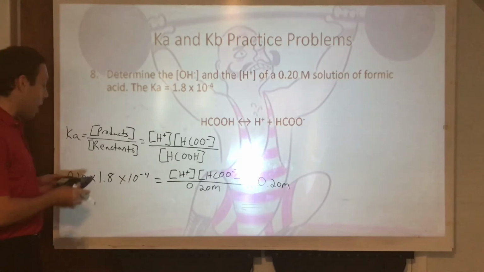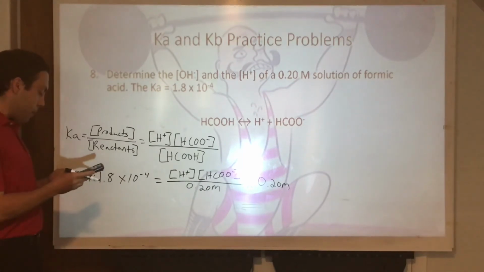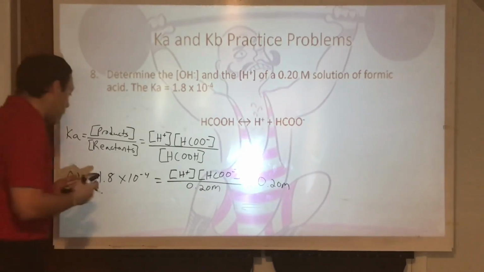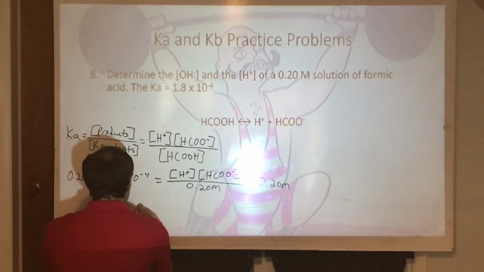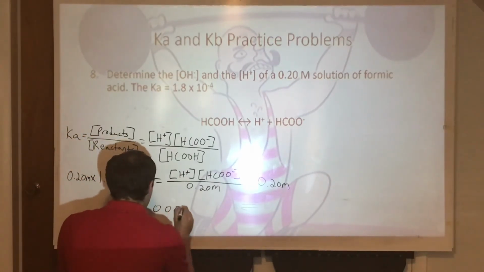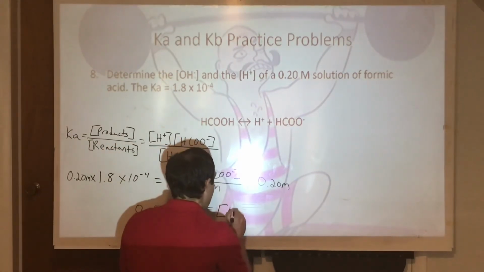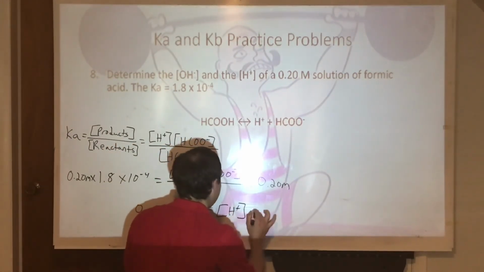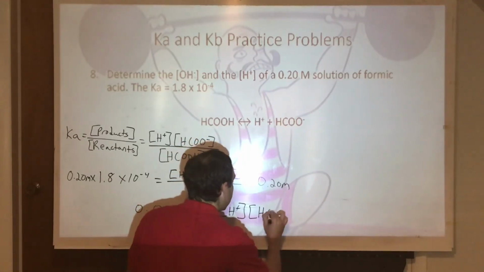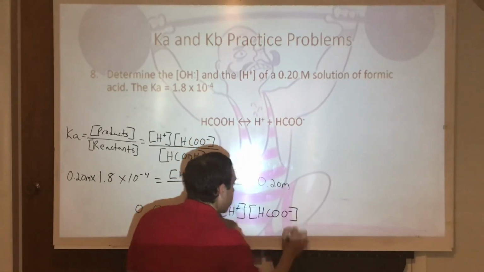So when we do that, we get 0.2 times 1.8 times 10 to the negative 4th, so we get 0.000036 equals H plus times HCOO minus.